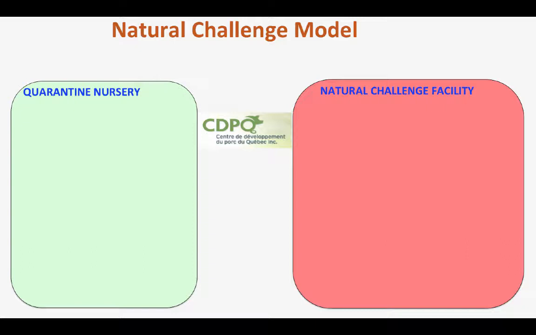To that end, a research station of CDPQ in the province of Quebec in Canada has been used as a natural challenge facility, which has been seeded with these pathogens by bringing in seeder pigs from farms with known disease.